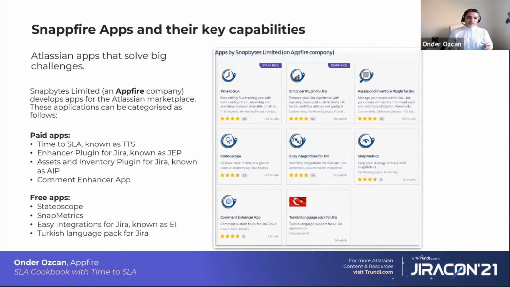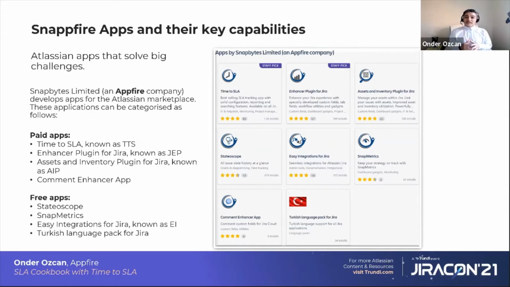For a very brief summary, Time to SLA is an SLA tracking application, so that you can define, track, monitor, and report your SLAs. It is available for all platforms: server, data center, and also cloud. Next up, we have Enhancer plugin for Jira. The clue is in the name. It is literally used for enhancing your Jira platforms.